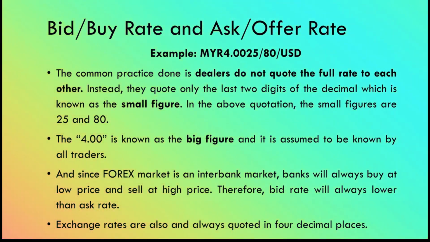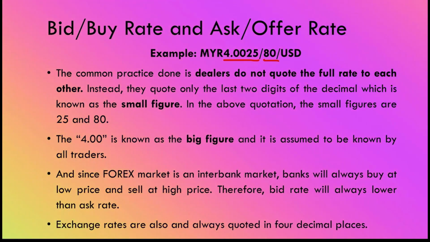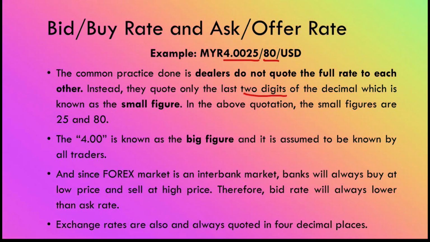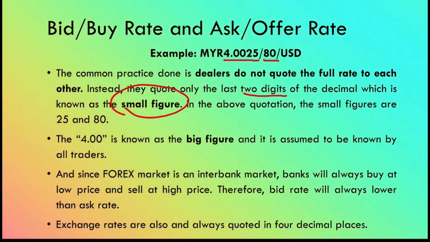With the previous example, still 4.0025 and 80 per US dollar, the common practice is that dealers do not quote the full rate to each other. Instead, they quote only the last two digits of the decimal, which is known as the small figure. In the above quotation, the small figures are 25 and 80.